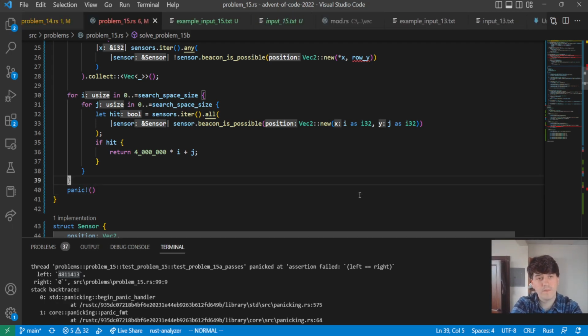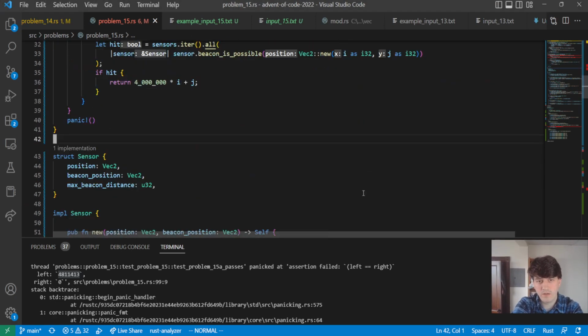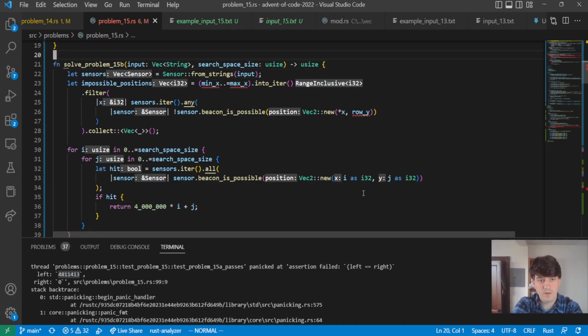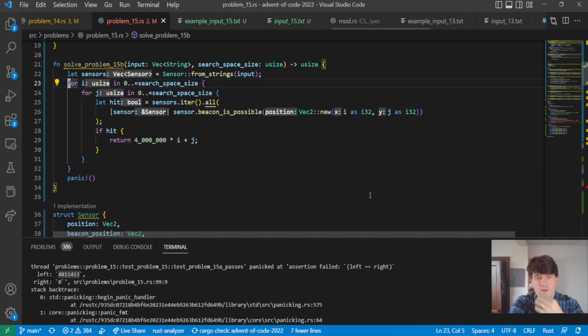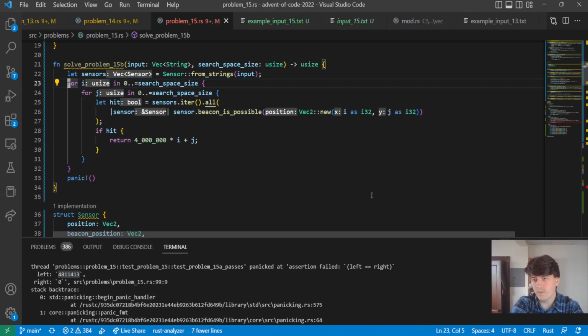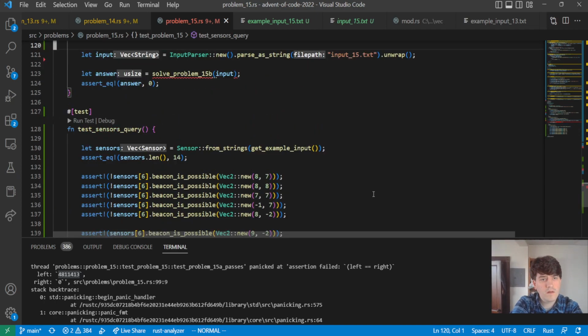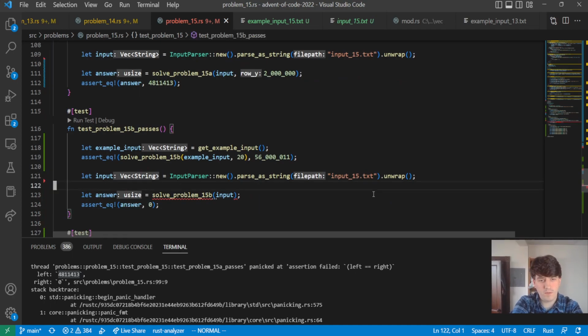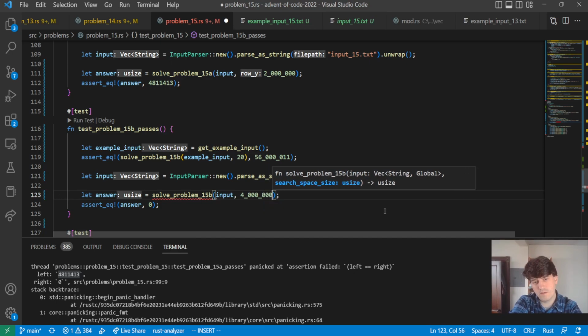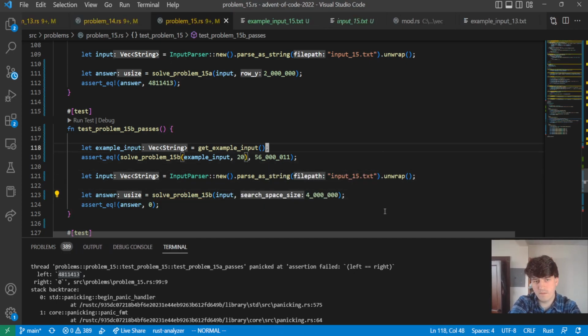I think in principle this should work. We no longer need this. And here we go. Solve problem 15b. 4 million.